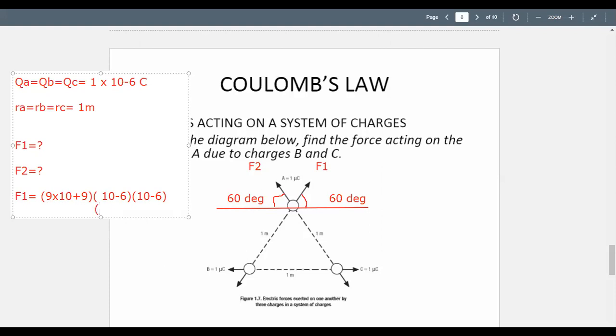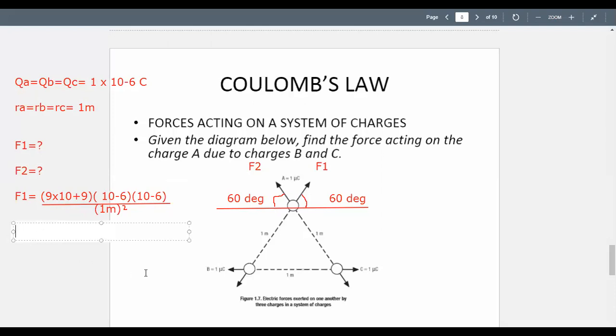But we have to square 1 meter because R is squared in our expression. So we will draw our line here. Since we are solving for F, we will get a newton answer. That's a squared quantity. Can somebody please calculate this value?